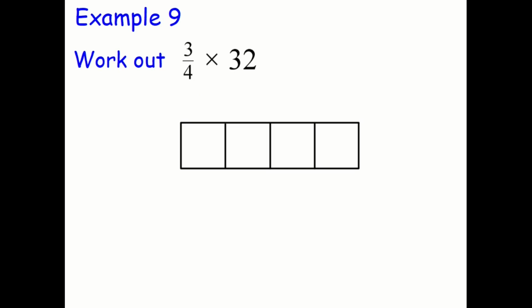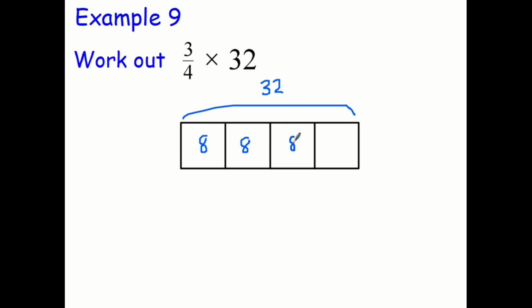Example 9, work out 3/4 multiplied by 32. Now, of course, you need to remember that this is exactly the same question as finding 3/4 of 32. So if you think about the bar model, 32, I've got to split it or divide it by 4, which of course is my denominator. If I divide by 4, I get 8.